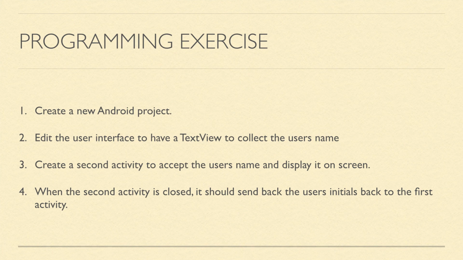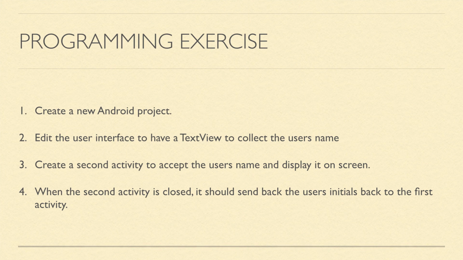Okay, what I want you to do now is create a new project, and on the main activity, have an interface where it has a text view which collects a username, or it doesn't matter what it is, it just collects a piece of text, as a string, and then sends that to a second activity to display it as a toast pop-up or in another text view or a label. I don't really care what it is.